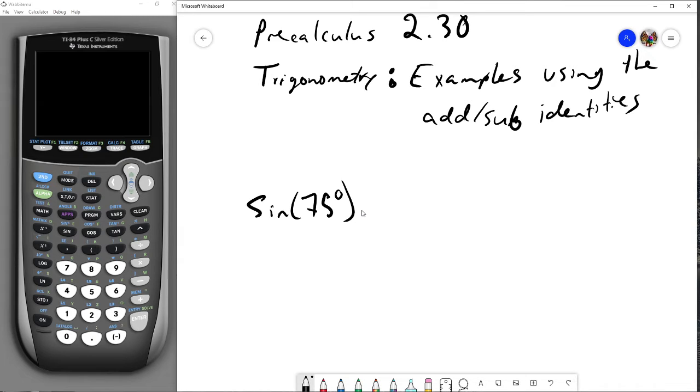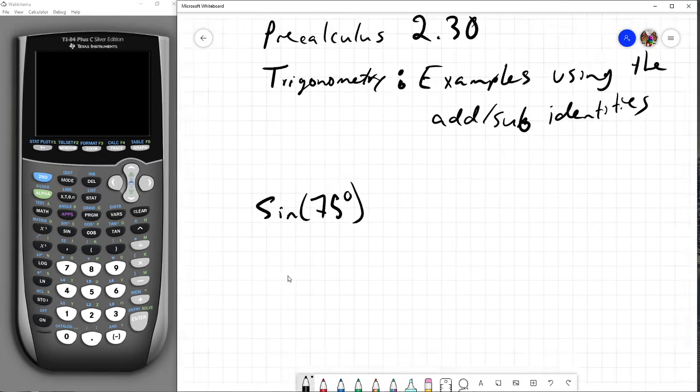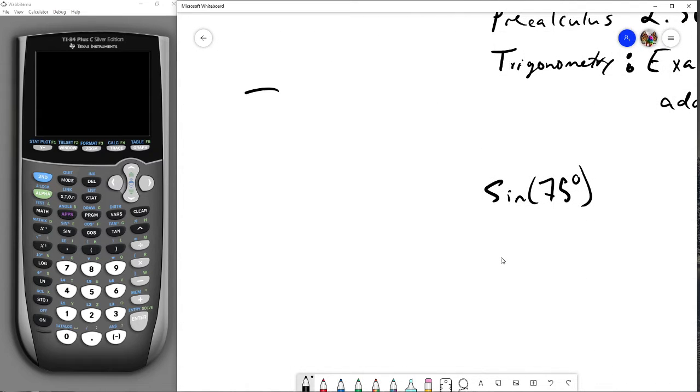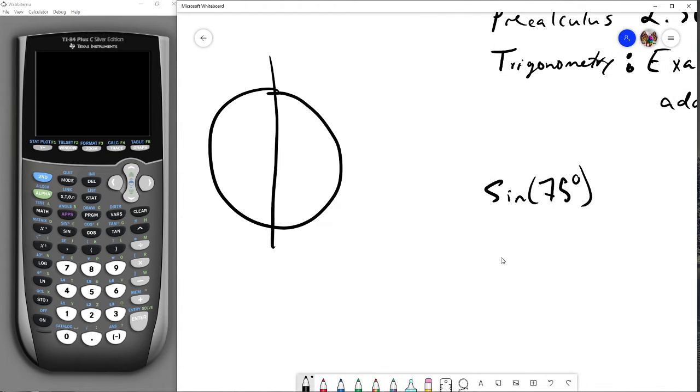So in particular, we want to think about writing it in terms of angles that we already know the values of on the unit circle. Here's our unit circle. When I look at this 75, because it ends in a 5, that tells me I probably want to use the 45-degree angle, which we know is over here, right?